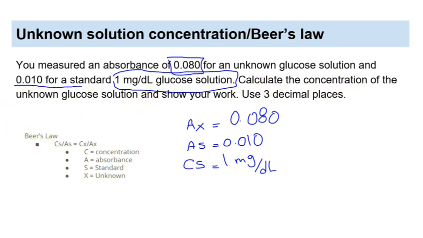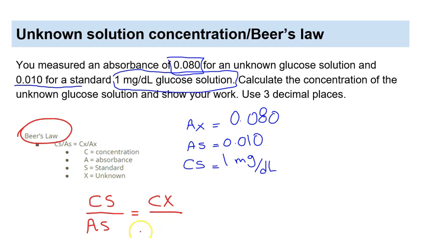So we are using Beer's law. For Beer's law, we have the CS, the concentration of our standard solution, divided by AS, the absorbance of our standard solution, equals the CX, the concentration of our unknown solution, divided by AX, the absorbance of our unknown solution.